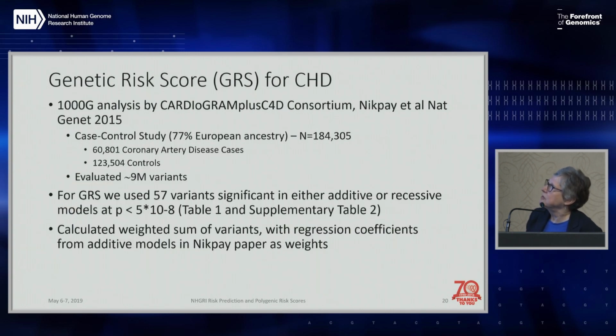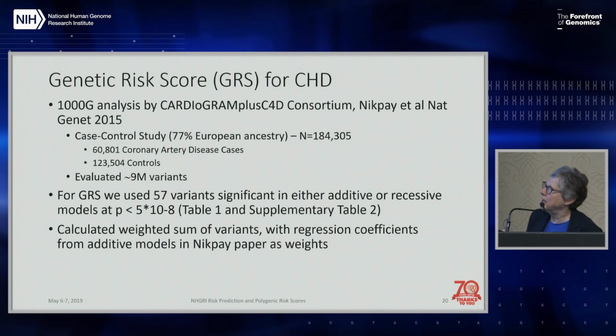So, how does a genetic risk score function in the context of this model? So we went to a paper published by Nick Pay and a whole bunch of other people, coming out of the Cardiogram plus C4D consortium. They were using the 1000G reference panel, data were imputed to that. It was a case control study of around 184,000 subjects with 61,000 cases.